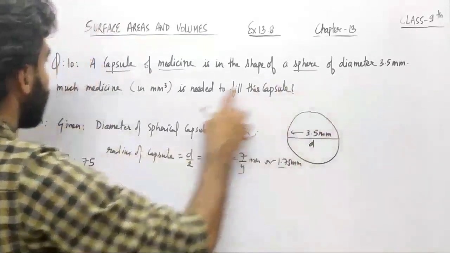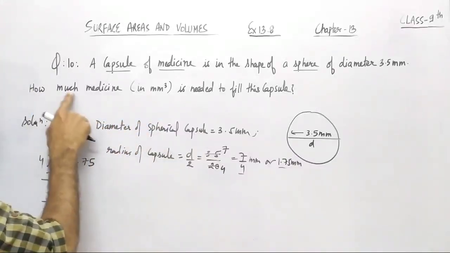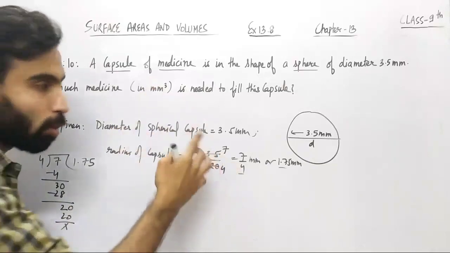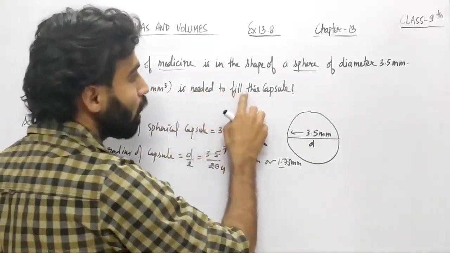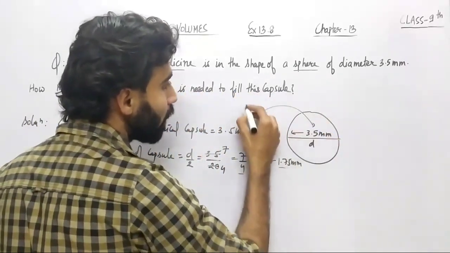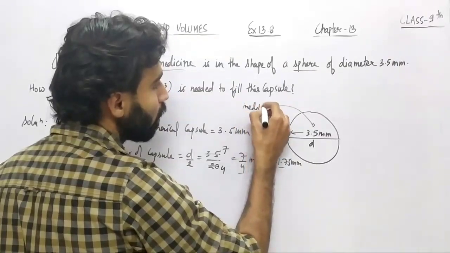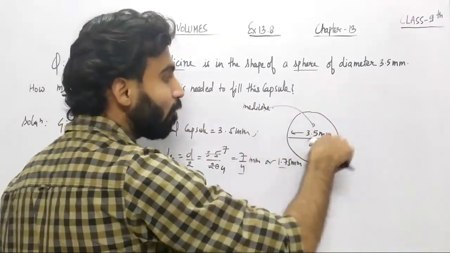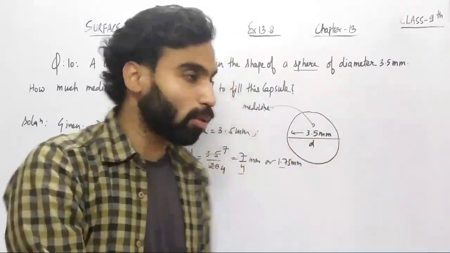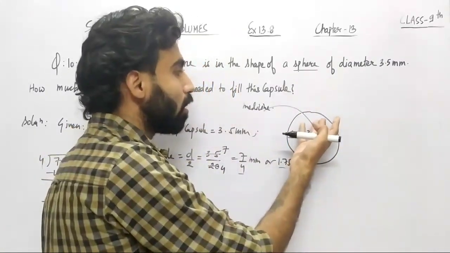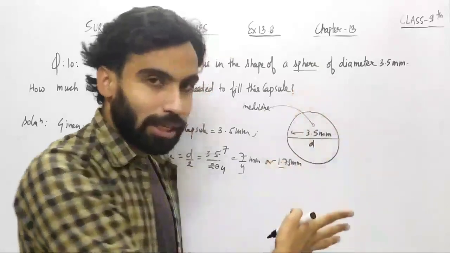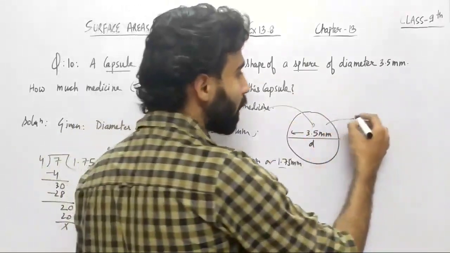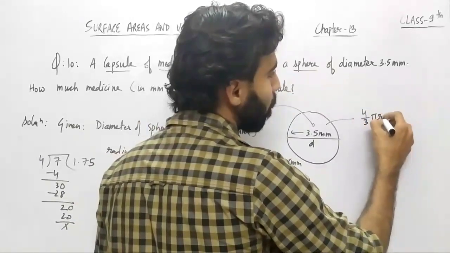Now you can see यहाँ पे हमें क्या निकालना है, how much medicine in mm cube, that is millimeter cube, is needed to fill this capsule, right? So कितनी medicine you can see is needed to completely fill this spherical capsule, right? So उतनी ही medicine की volume fill होगी जितनी इसकी capacity है. So we know the volume of a sphere is going to be calculated by 4 upon 3 pi r cube.